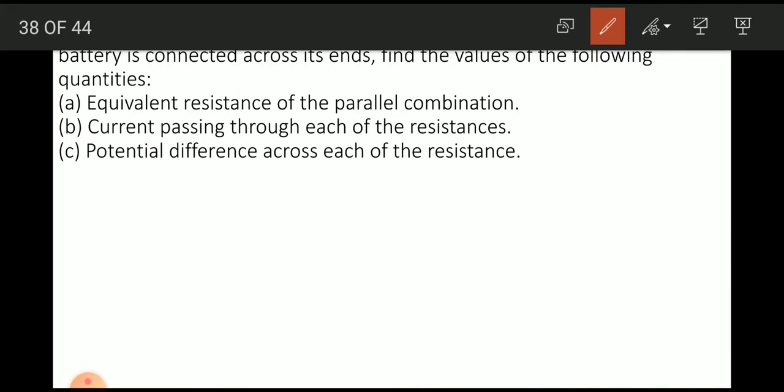Now, in the last, the potential difference across each resistance. So you will write the answer simply in theoretical.